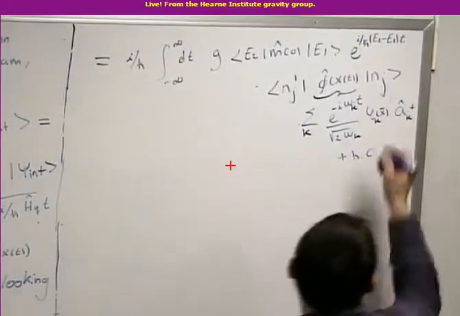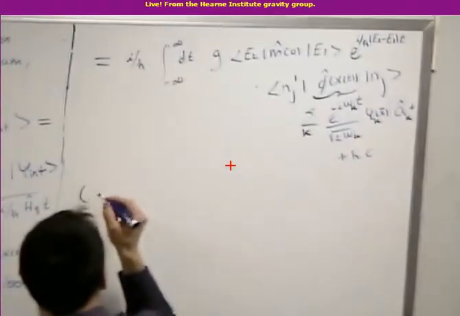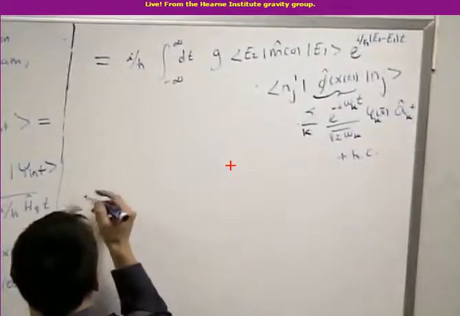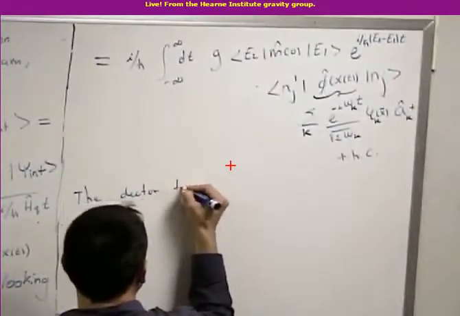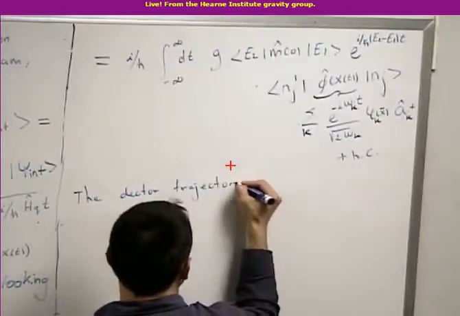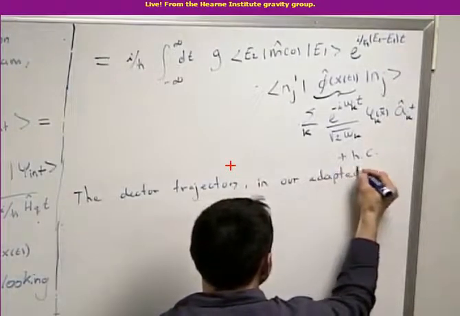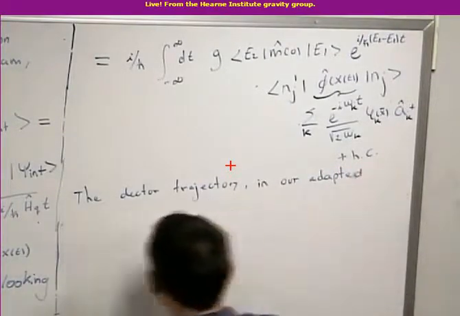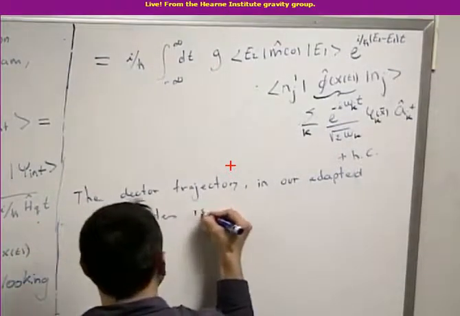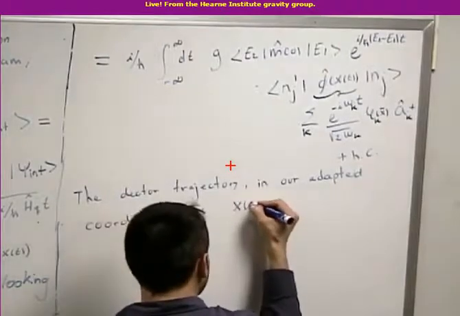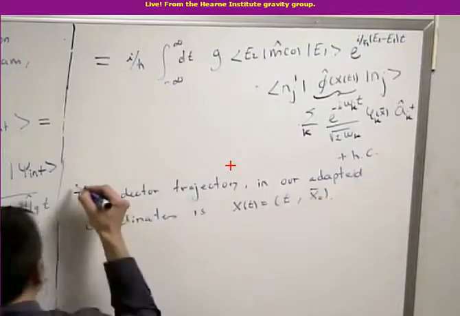So just one thing, the detector trajectory in our adapted coordinates is x of t, just a fixed position.